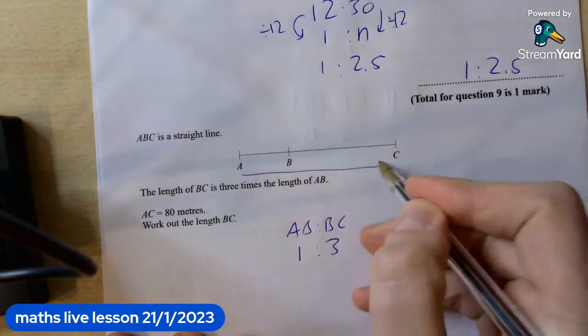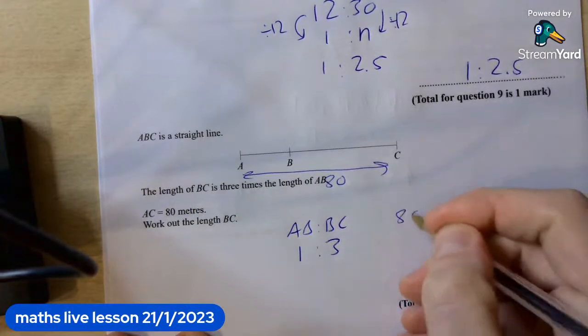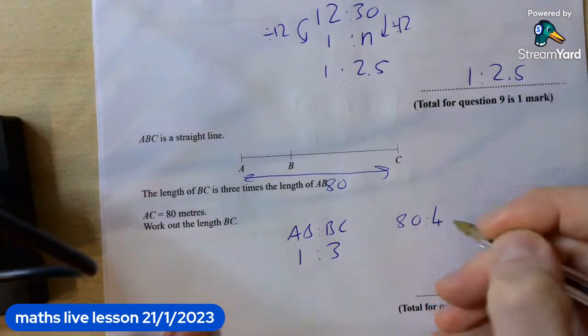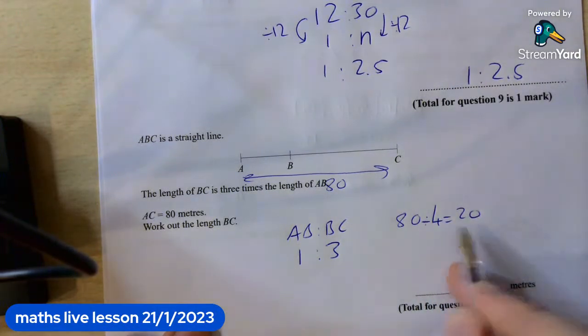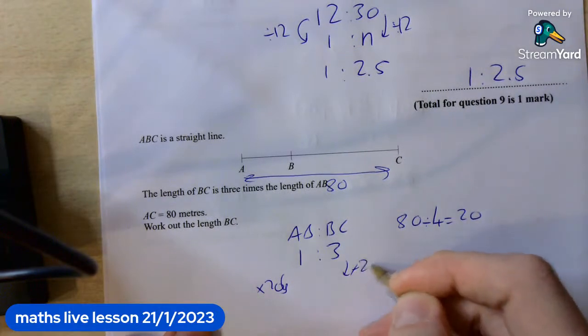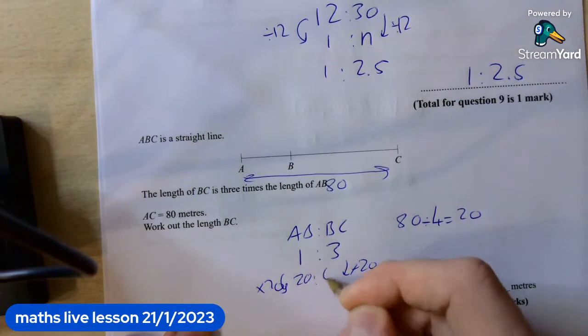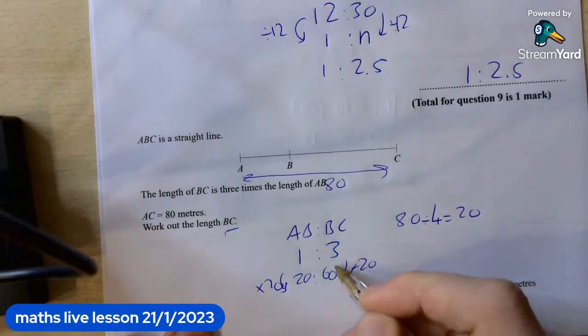So the distance all the way is 80. So for this one, all I've got to do, how many parts have we got altogether? That's 4. So it'll be 80 divided by 4, which equals 20. And then you're going to multiply each one of these by 20. And that is it. So that'll be 20 to 60. So the length BC is 60.